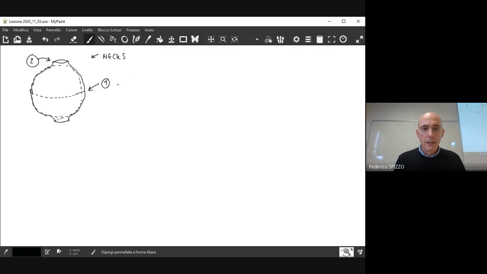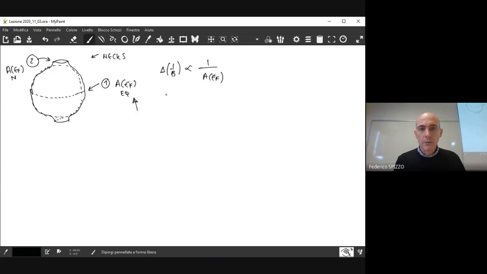So you have the equatorial extremal area, but you have also the neck extremal area, due to the fact that the periodicity is inversely proportional to the extremal area.